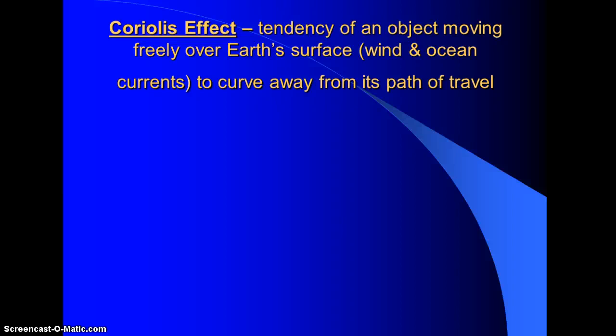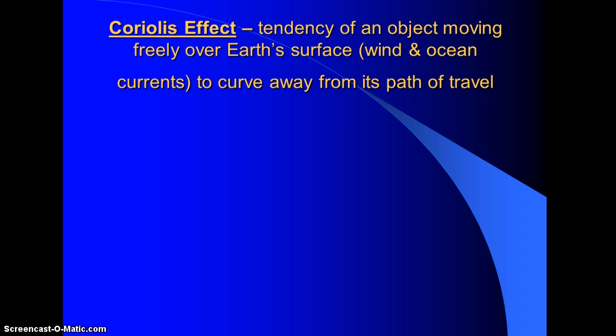Coriolis effect is a tendency of an object moving freely over the Earth's surface, like wind or ocean currents, to curve away from its path of travel. We're on an object, the Earth. We're on a rock. It happens to be rotating. Because of the rotation and the fact that we're on a round object, we end up with this Coriolis effect. So there's a curving that occurs, and the oceans show that curve.